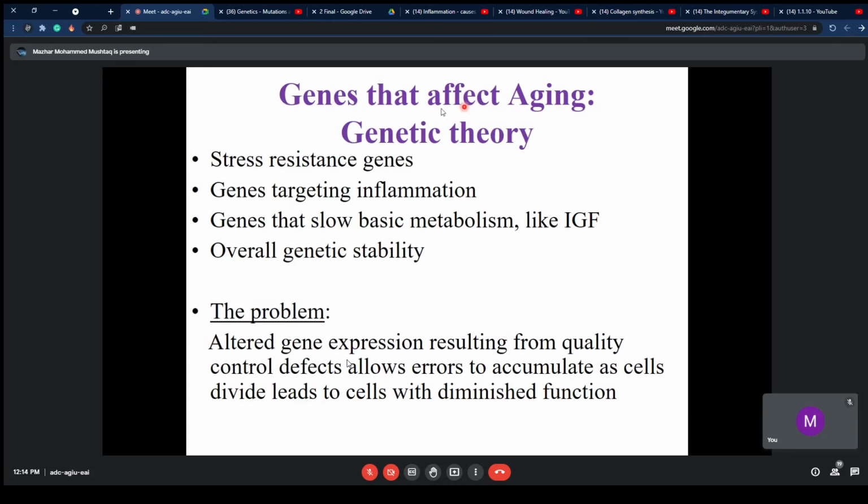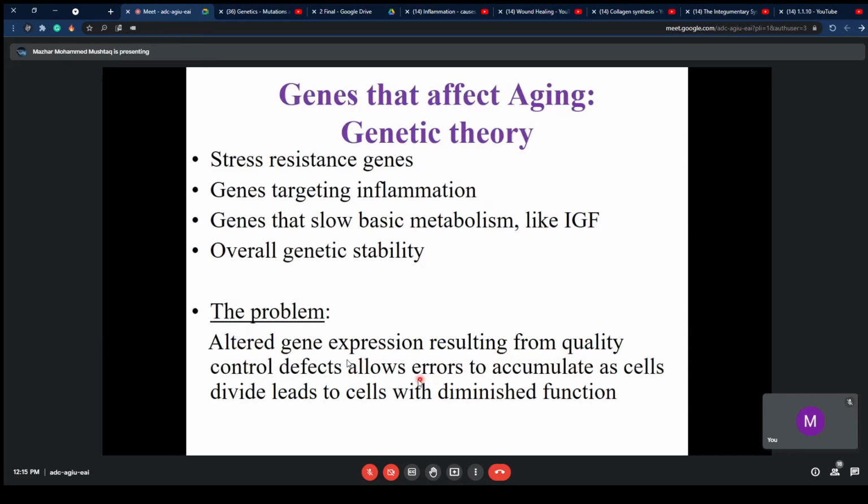If there is a problem with the gene, the main problem is actually the gene expression. Gene expression is impaired if any factor influences the gene or its genetic stability. The gene expression goes improper, and the quality of the gene expression decreases.